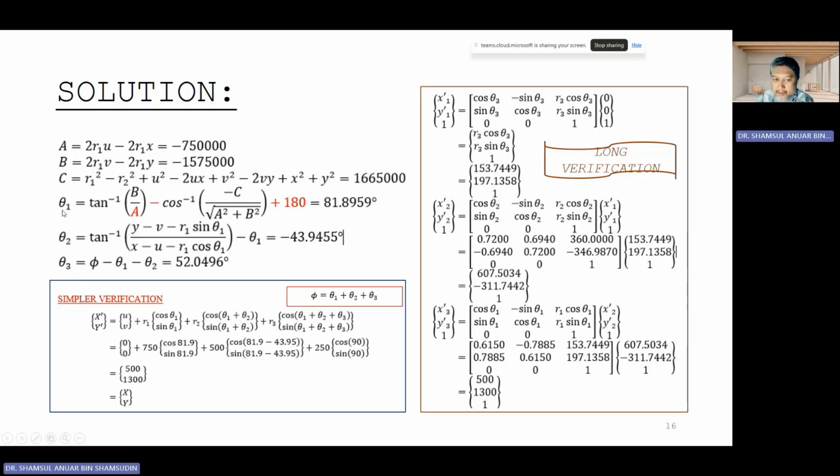Just use the theta 1 inside here and get theta 2 of negative 43.94. And then we can calculate theta 3. Then just plug in those solutions into this verification and see whether we can get the big X or big Y.